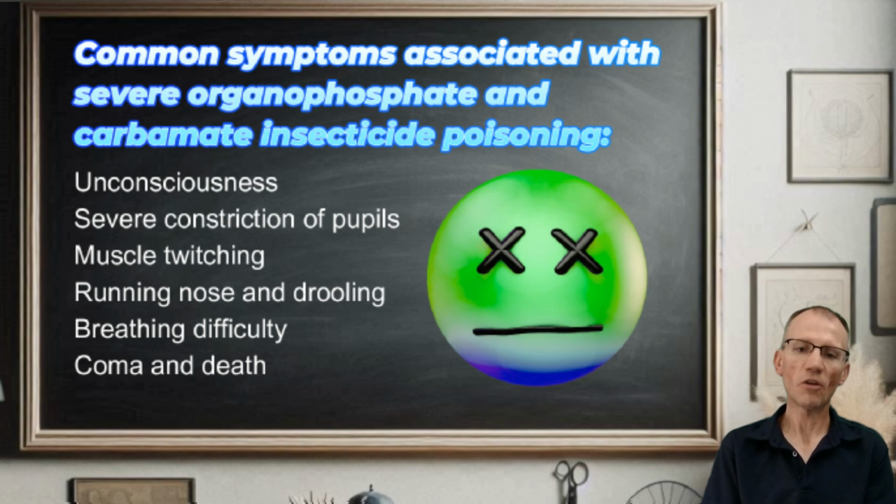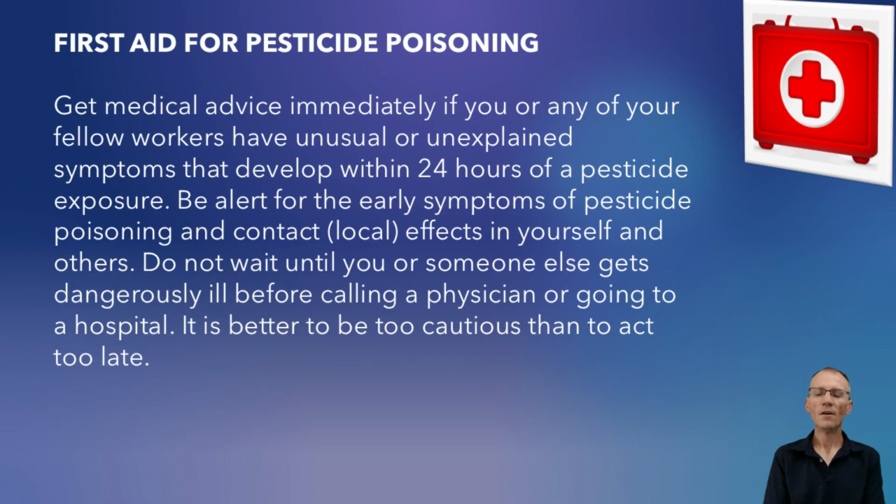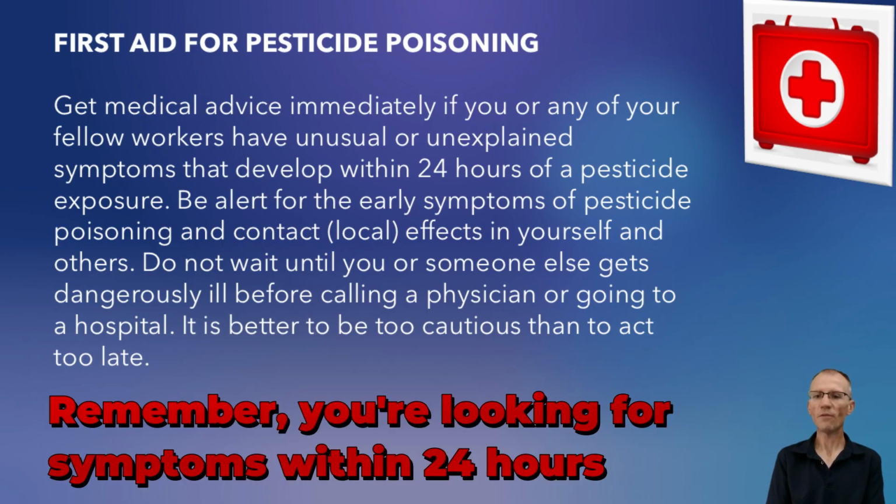Just keep in mind, if you're applicating correctly and wearing the correct PPE, as I always say, you shouldn't get to this point. But I also want you to understand that these things can be real and you do have to protect yourself. First aid for pesticide poisoning. Get medical advice immediately if you or any of your fellow workers have unusual or unexplained symptoms that develop within 24 hours of a pesticide exposure.